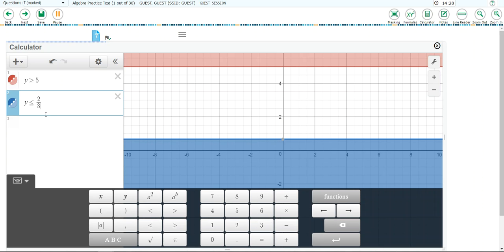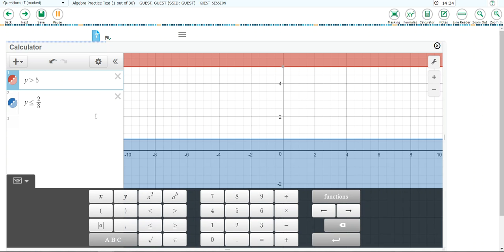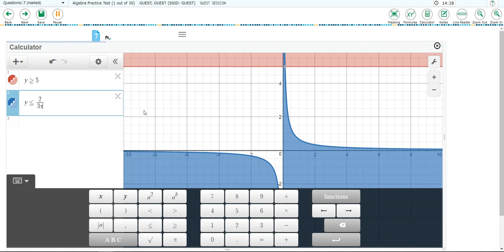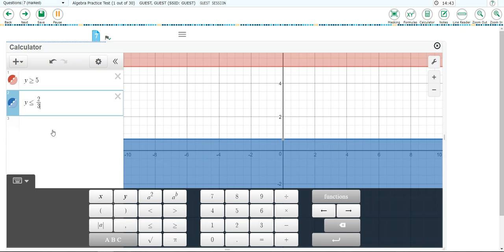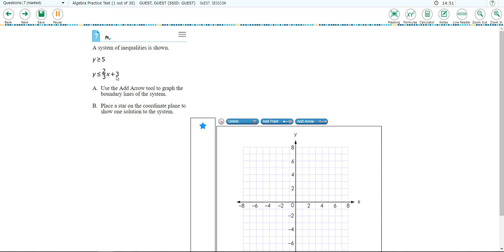And now do you see my cursor? X plus 3 is what I need. If I put the X on bottom, that does not give me the correct graph. What I need is the X to be out beside the fraction, so I just press the right arrow. Plus 3.